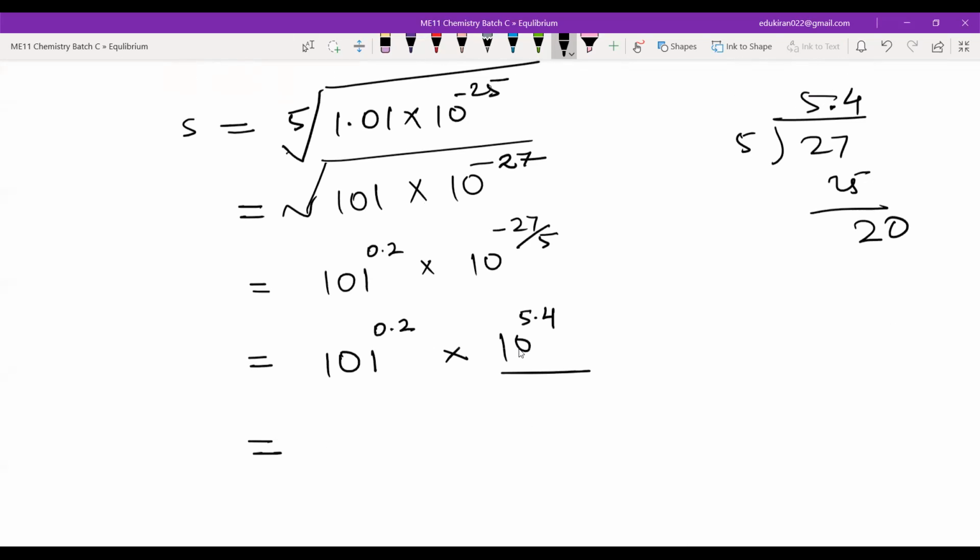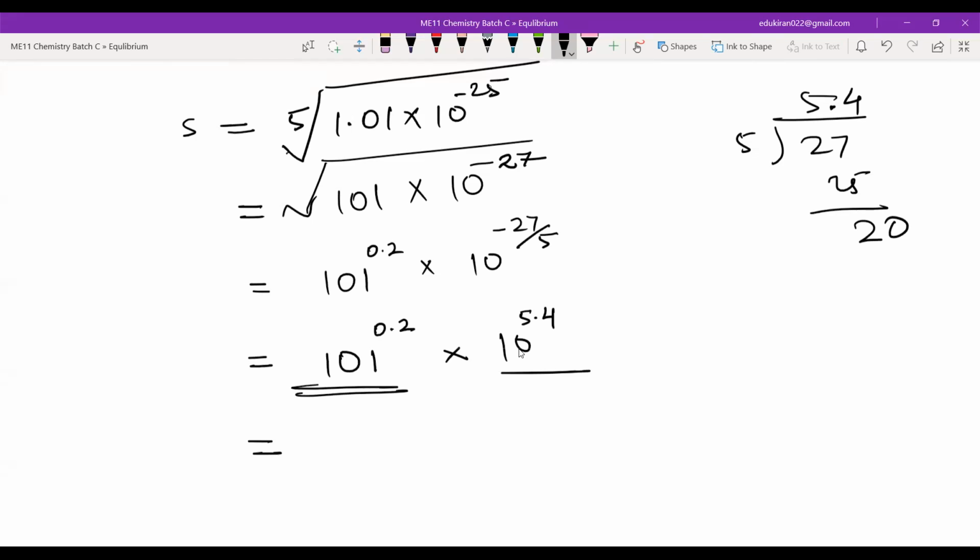This we can calculate, right? Yes or no? Tell me guys, can we calculate that? We can calculate this by log.